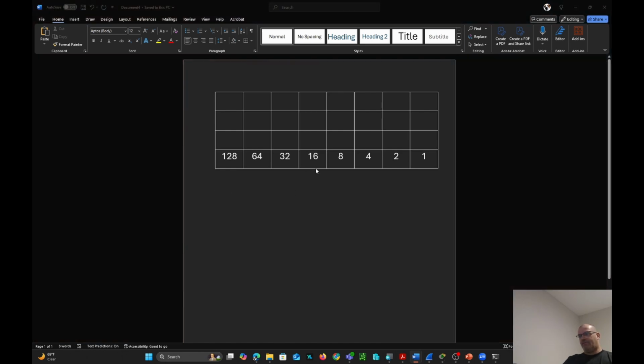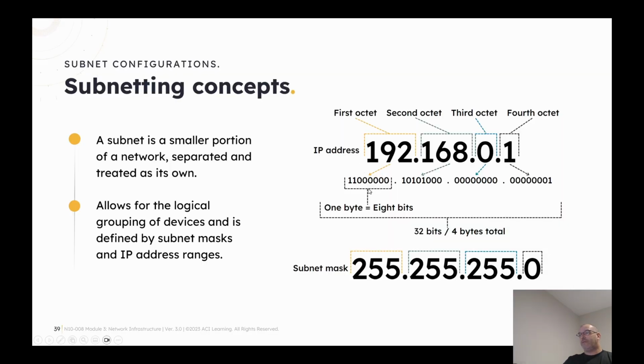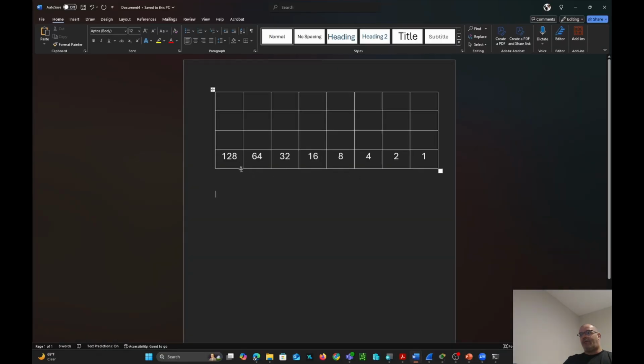So if we have those numbers from the subnet mask, right? Remember, this one right here, 192 equals 11000000. This is how it works, right? Anytime there's a 1, you're taking this decimal value and you're adding it, okay?